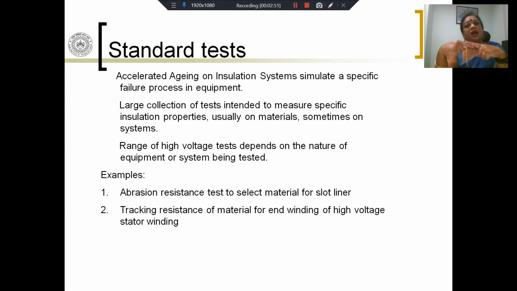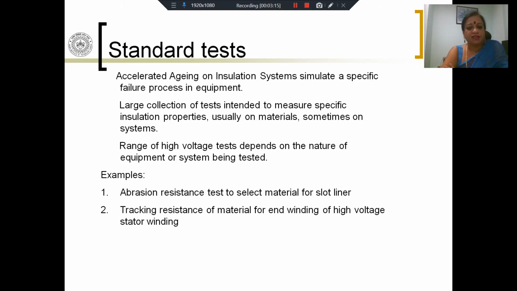There will be shear stresses between the two materials. Also, there can be abrasion between the two materials because of mechanical rotation. And therefore, one of the tests that you would have to do for any material that's used for the slot liner is an abrasion resistance test, which you would not have to do normally for every insulating material.